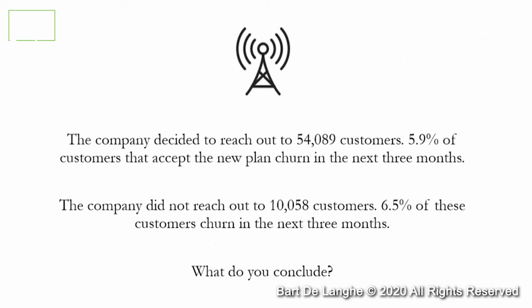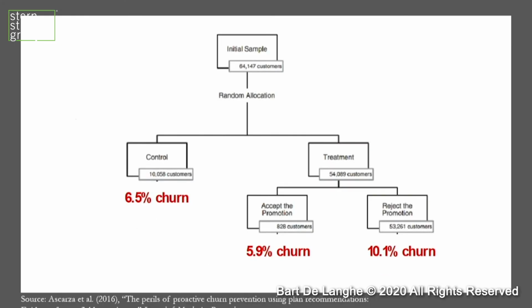And so the comparison, an oftentimes made comparison, is to say 5.9 is lower than 6.5, so this worked. The problem is, of course, there's many customers that don't accept your promotion and you want to know what's going on with them. So here's all the data that you would have to look at.